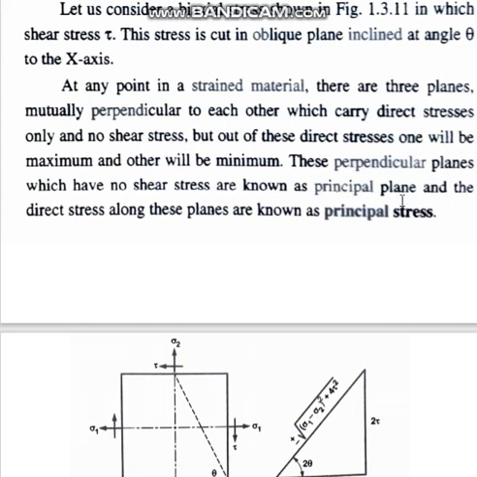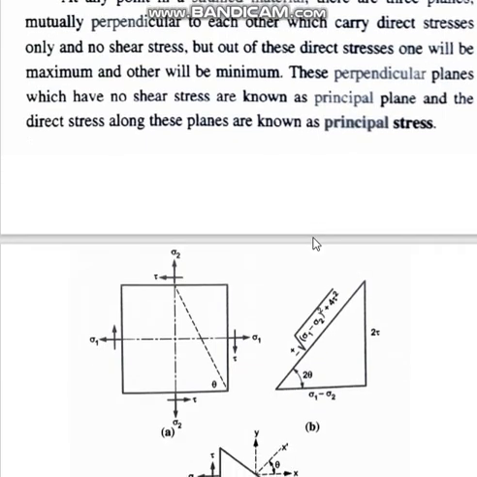This is the definition of a principal plane: after resolving all the stresses, where no shear stress is present, such planes are called principal planes. These are three planes, mutually perpendicular to each other, and the stresses on these planes are called principal stresses.